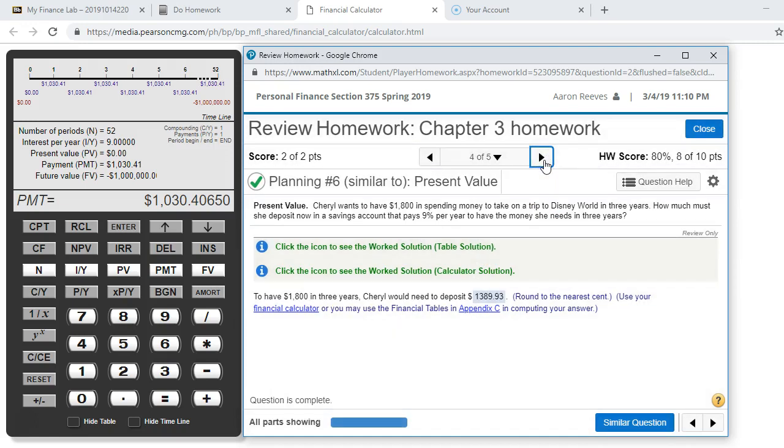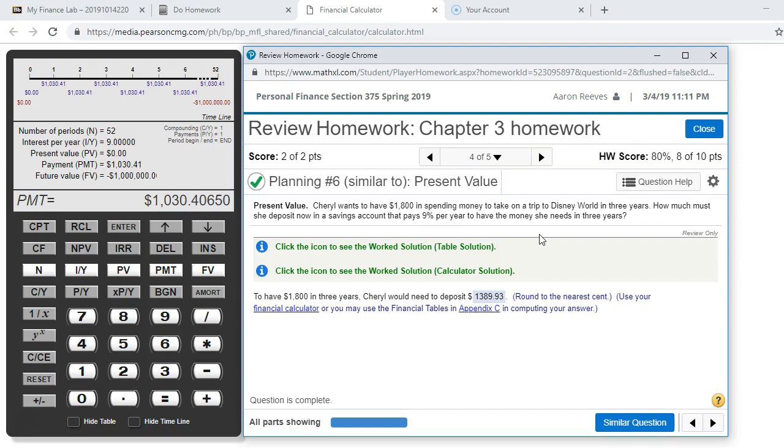For the next problem, we have Cheryl. She wants to have $1,800 in spending money to take on a trip to Disney World in 3 years. It says how much must she deposit now in a savings account that pays 9% per year to have the money she needs in 3 years.